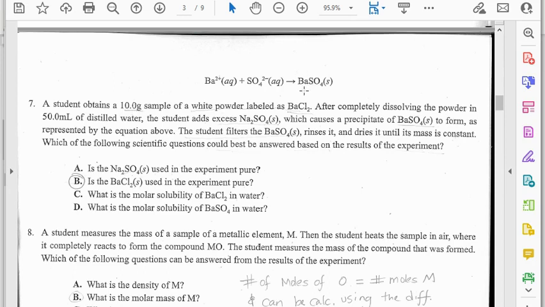If the number of moles of this material matches the number of moles of 10 grams of BaCl2, then it's a pure sample. Any other questions?